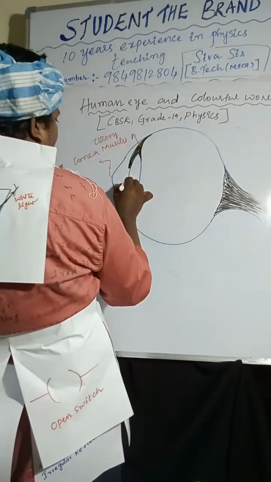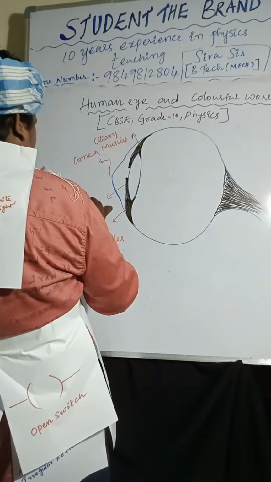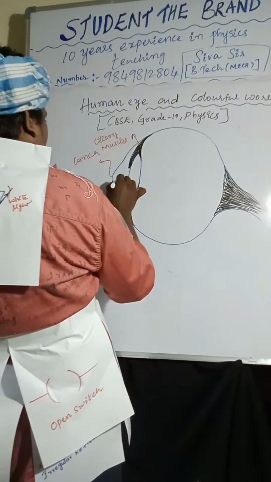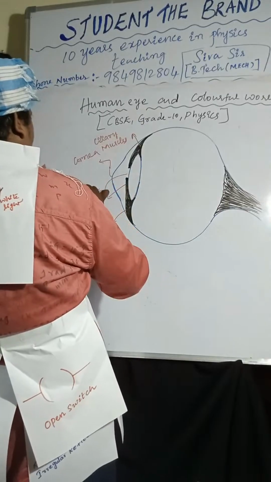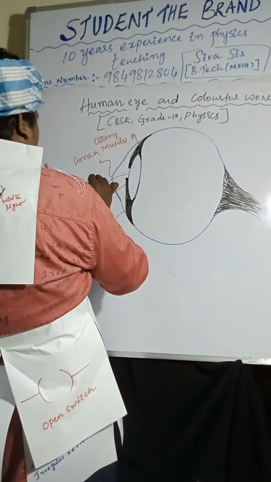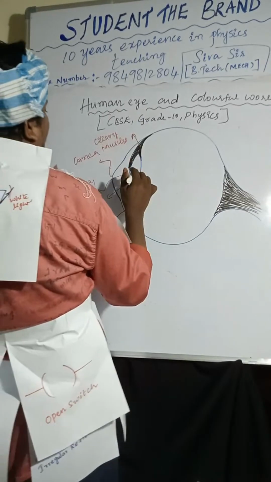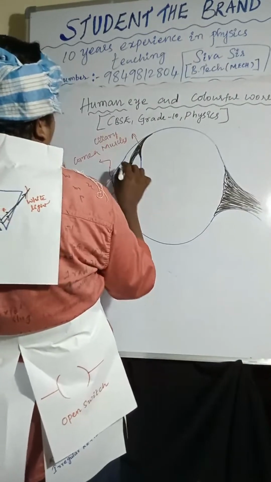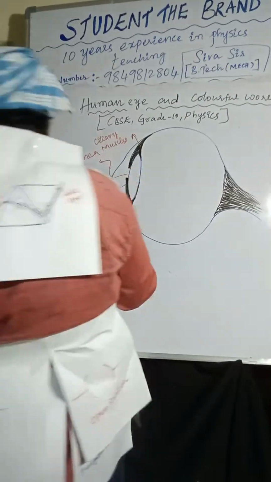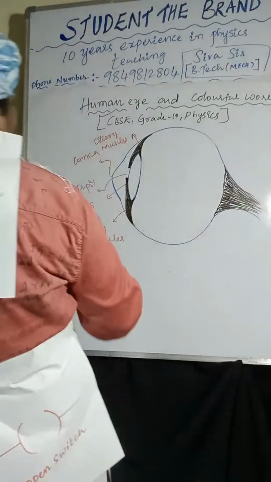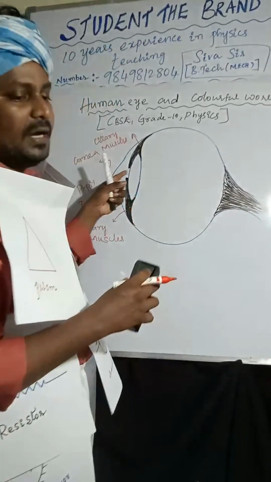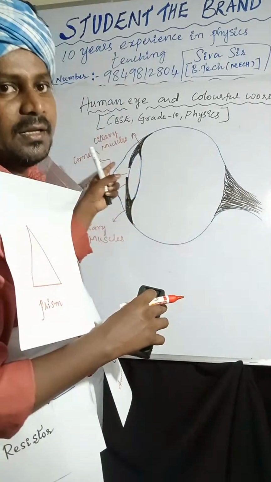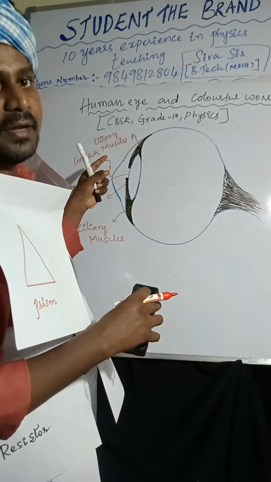And next one, iris and pupil. So here, aqueous humor is there in between cornea and iris.